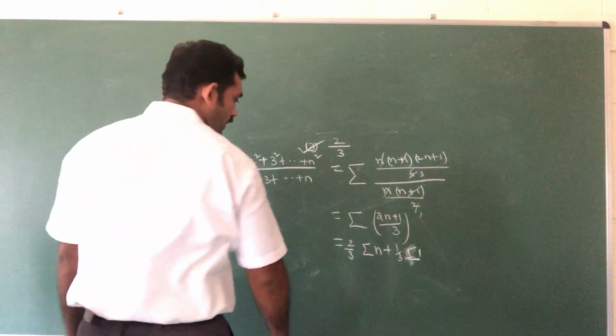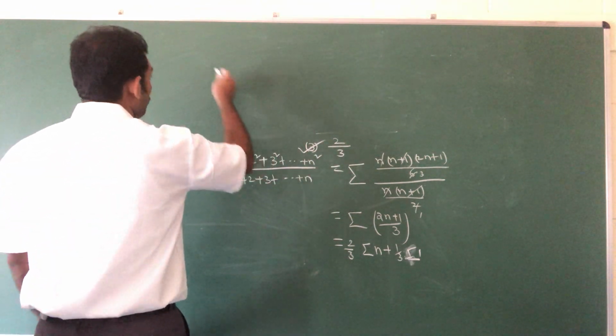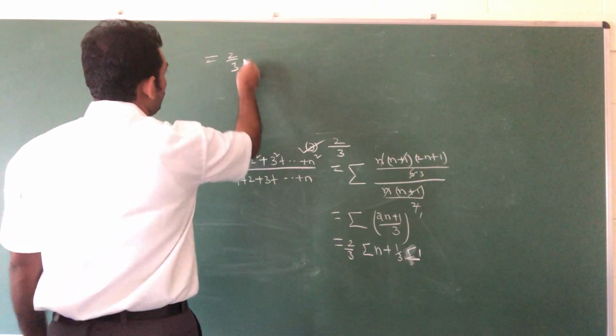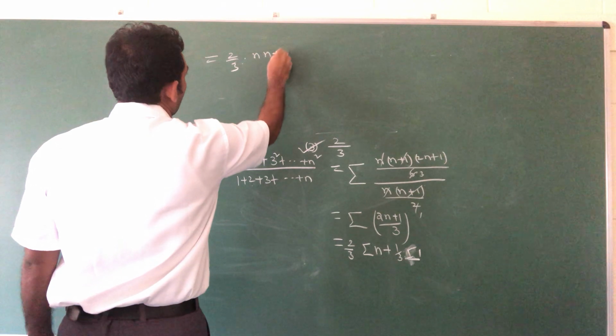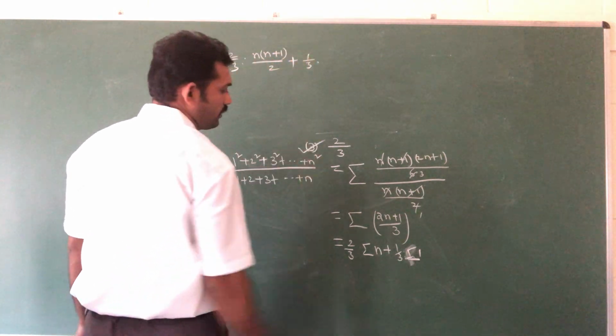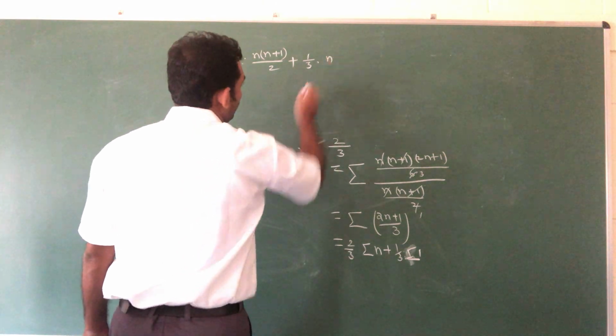You should expand this one. Sigma 2 by 3 into sigma n means what? n into n plus 1 divided by 2, plus 1 by 3 into sigma 1 means n, that value.